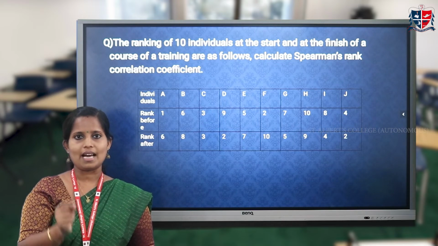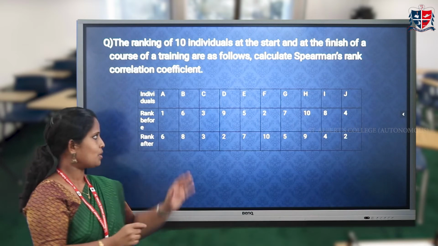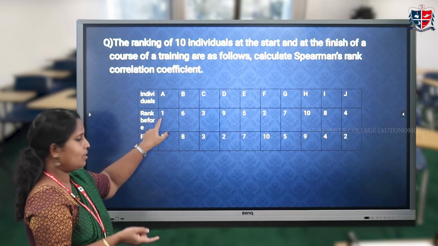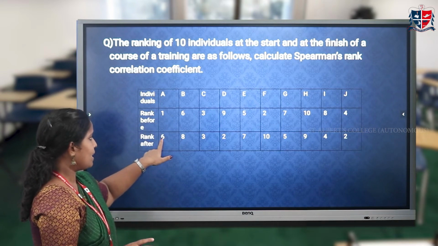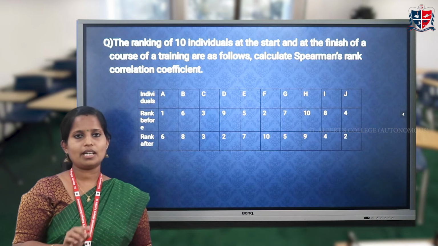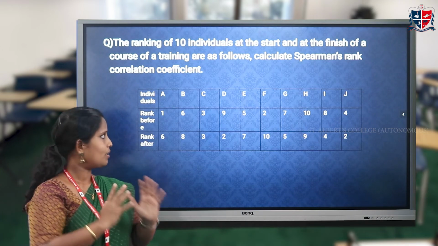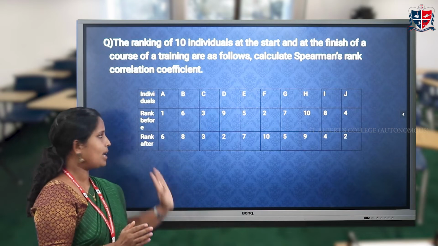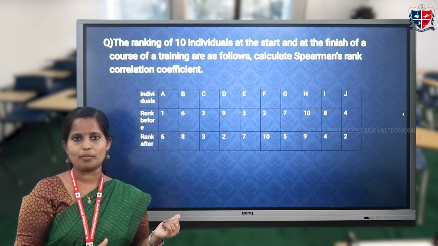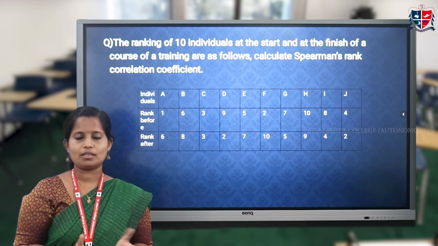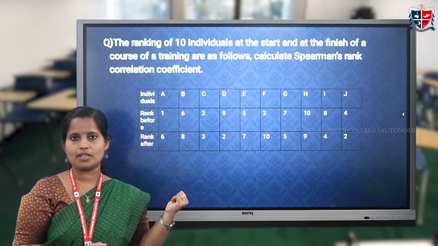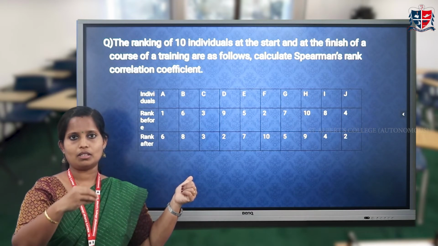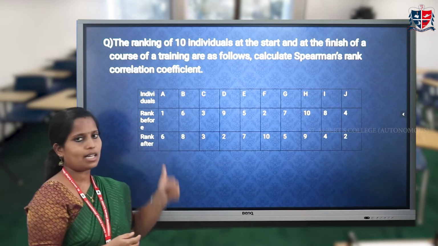It does not mean A got 1 mark before and 6 marks after. The scores gained by A are not given in the problem. It is just given the rank, that is how we rank the 10 individuals.